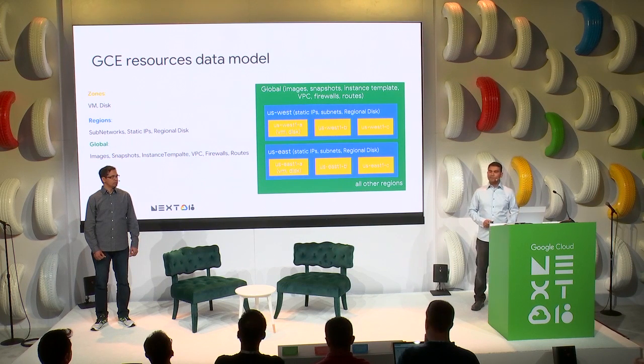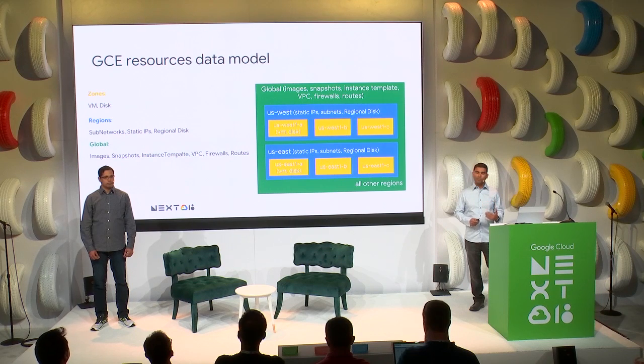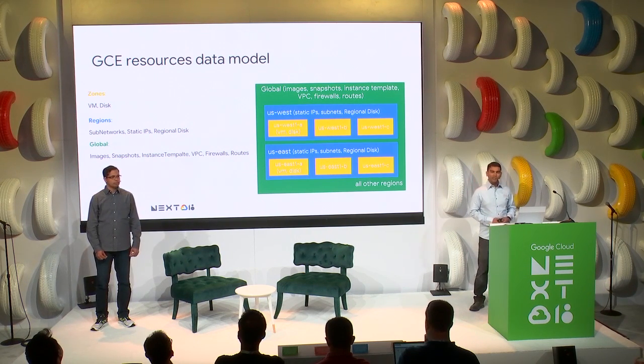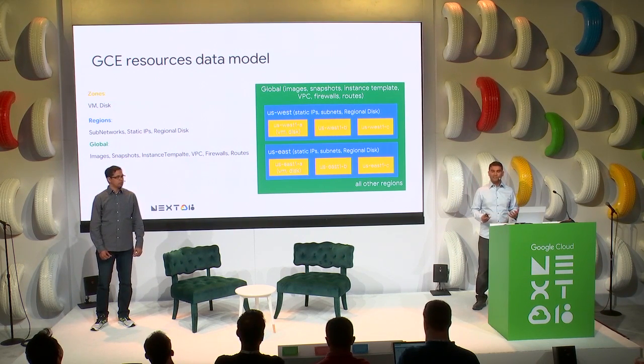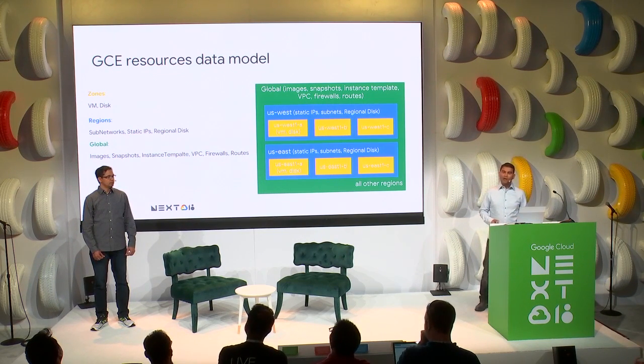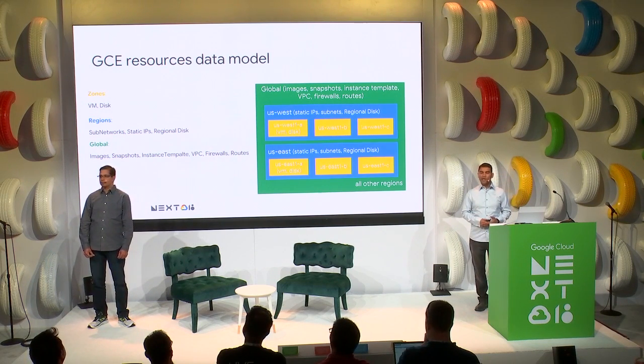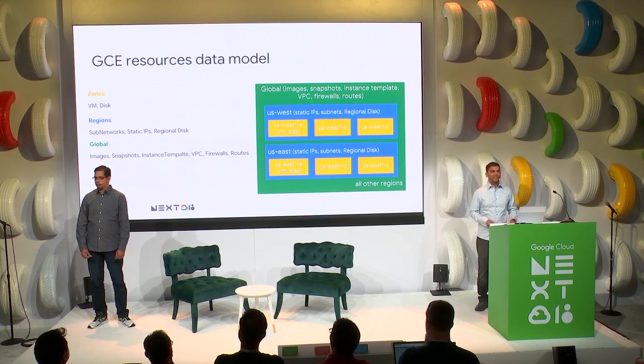So I need to introduce some key building block foundations before we get started. So GCE resources, this is a GCE resource data model. Resources like VMs and disks are zonal resources.